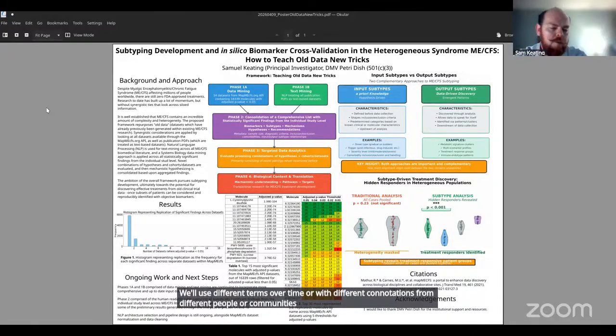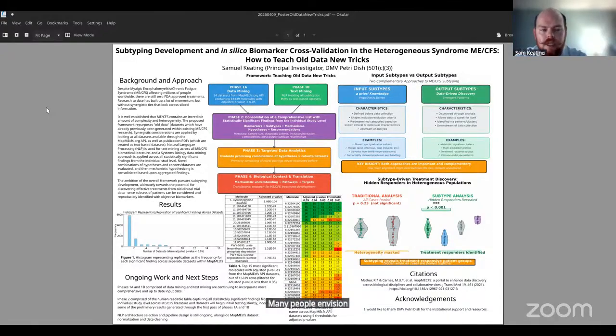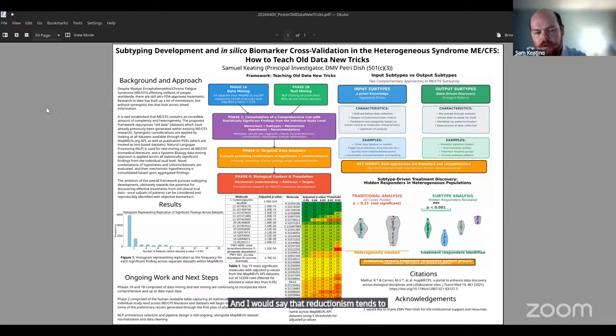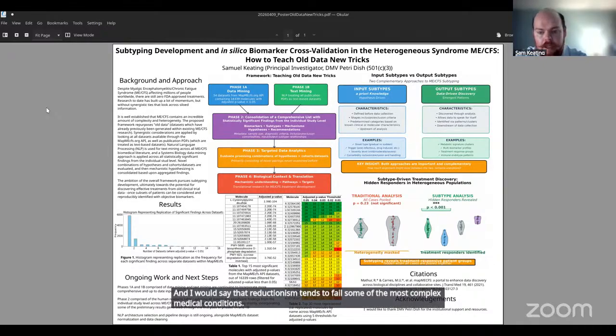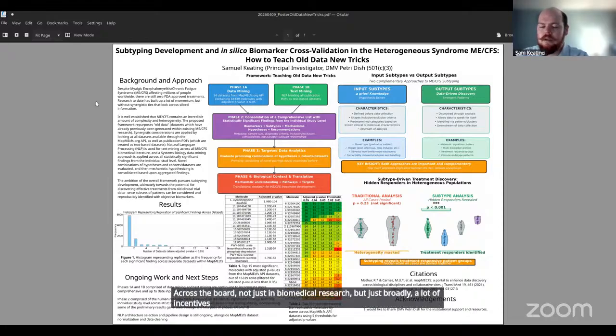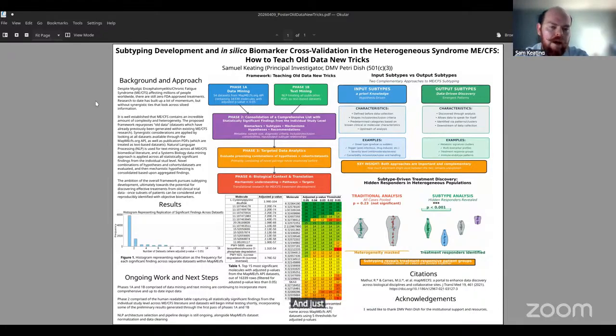Many people envision a different construct, even from the exact same words or description. And I would say that reductionism tends to fail some of the most complex medical conditions. And similarly, the incentives that we have to question or rethink across the board, not just in biomedical research, but just broadly, a lot of incentives are failing us and just not enough.